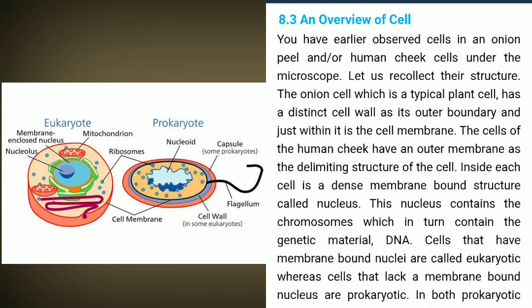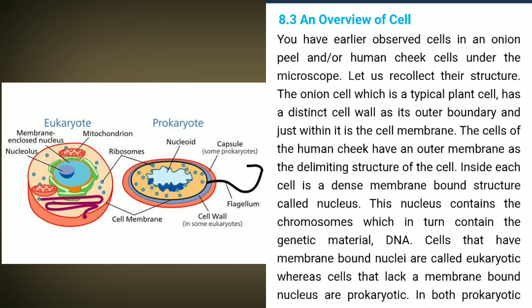So these two types of cells are found mainly in the living kingdom. The primitive cells are the prokaryotic cells, where they do not have a true nucleus, but they have genetic material which is naked.